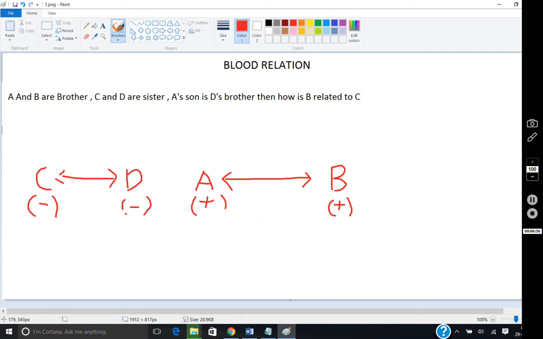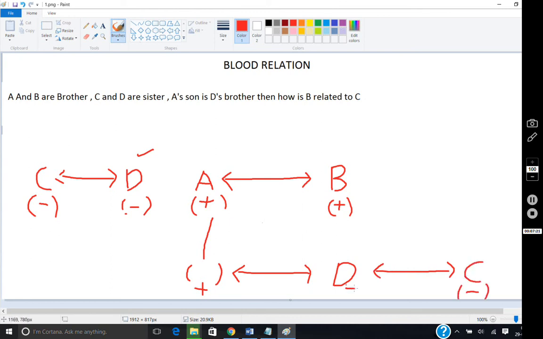A's son is D's brother. It means someone will come here, because A's son is D's brother. So D will come here, and D and C are sisters, female and female. So how is B related to C?